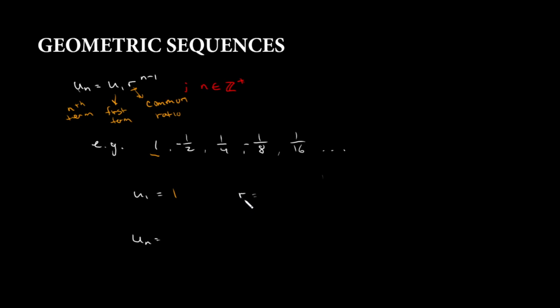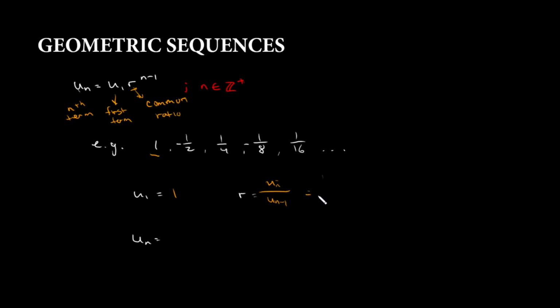R is the common ratio, and if you're a little confused as to how you can find r, in arithmetic sequences it was a little simpler and easier to understand, but common ratios might be a little harder to wrap your head around. But if you want to find it, it's basically un over un minus 1, and that just means you can take any number in the sequence and divide it by the number right before it.